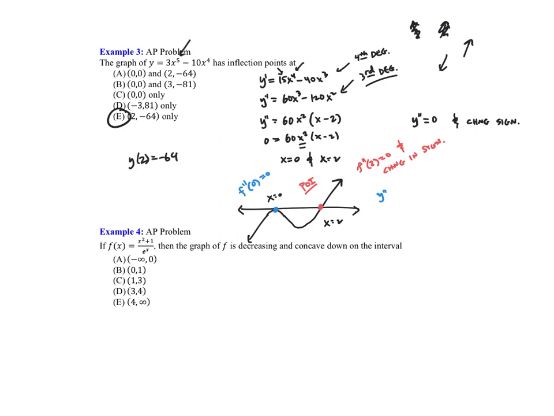If I plugged in a 2, that would be 3 times 2 to the 5th, which is 32, minus 10 times 2 to the 4th. Let's see, 2 to the 4th would be 16. So this would be 96 minus 160, which is negative 64. So there you go. Your answer for example 3 is E.